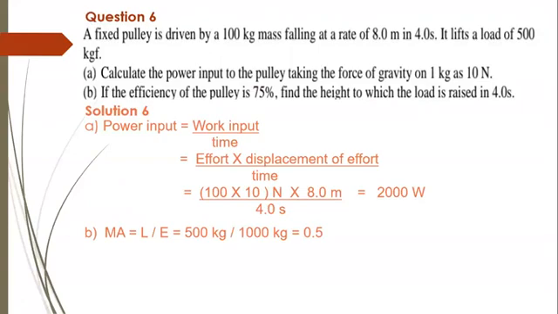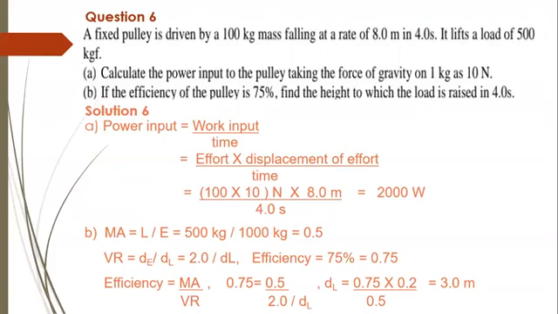Efficiency of the pulley is 75%. Find the height to which the load is raised in 4 seconds. To find out this height, we should know the velocity ratio. We know the formula for velocity ratio: displacement of effort upon displacement of load. Substitute the values, 2 upon dl. Then what is the efficiency?